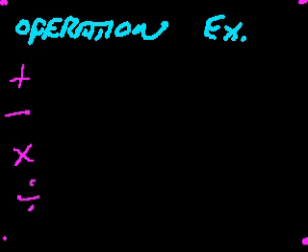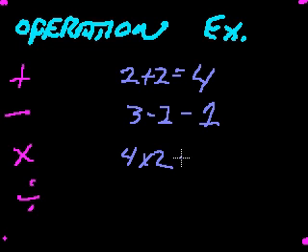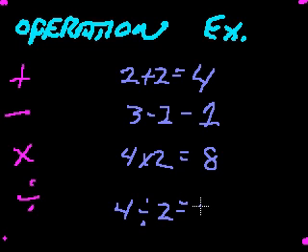I'm going to use the language starting right now that I'd like to hear you use in your classrooms, which is: 2 joined with 2 is 4, and 3 take away 2 is 1, and 4 sets of 2 or 4 groups of 2 is 8, and last but not least, 4 grouped into sets of 2 is 2.